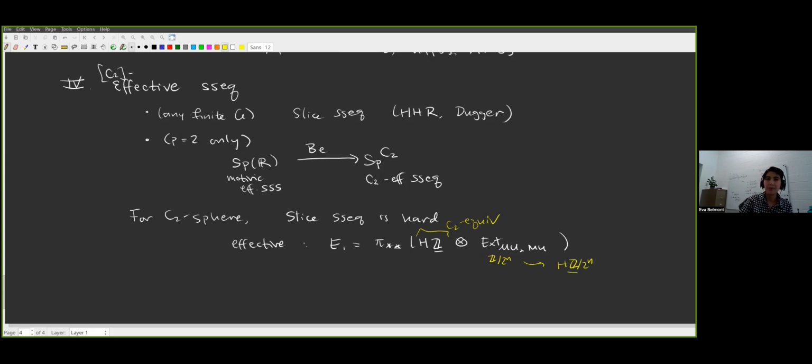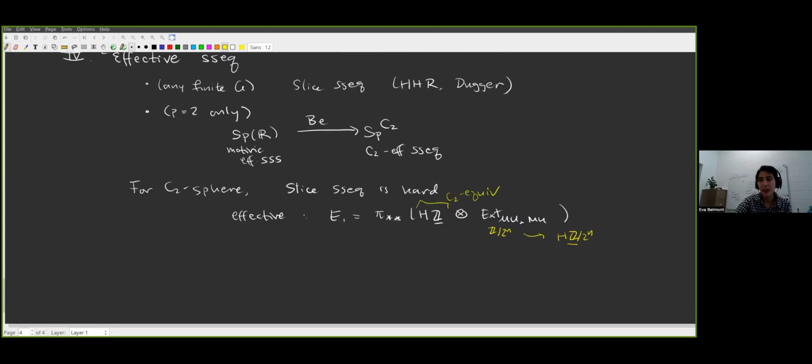So it just looks like the Adams-Novikov spectral sequence with coefficients in the C2 equivariant cohomology of a point.